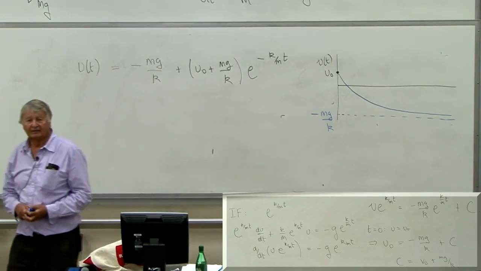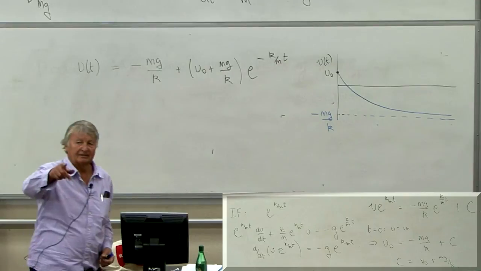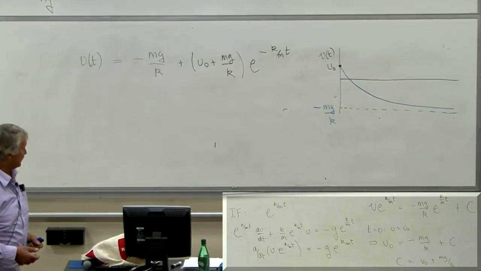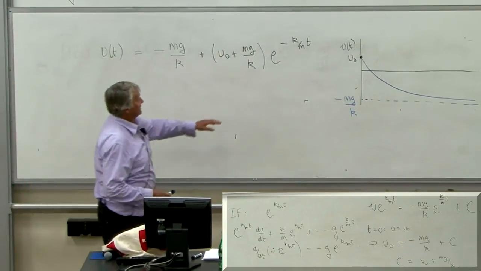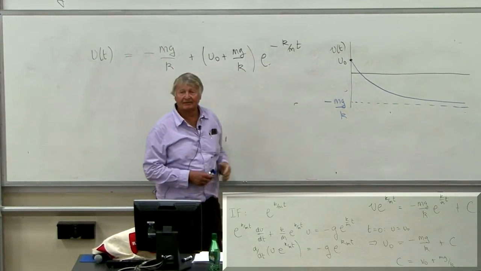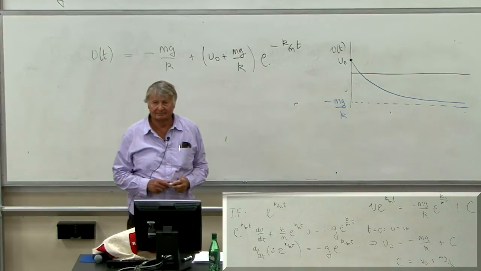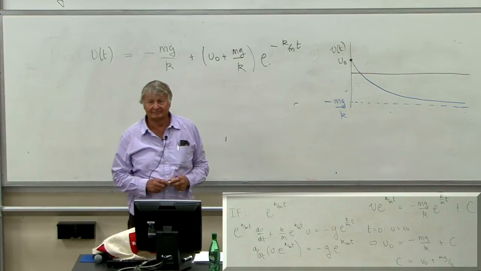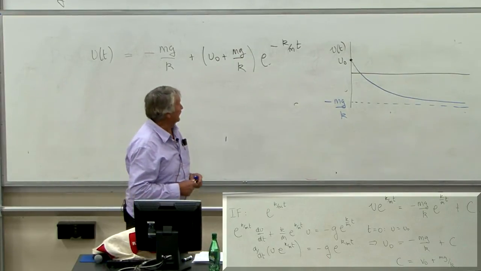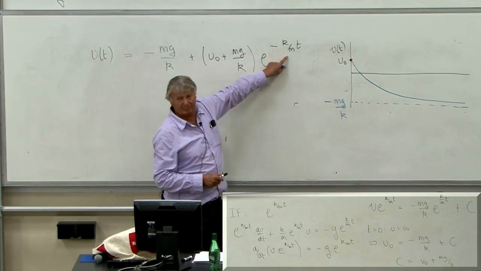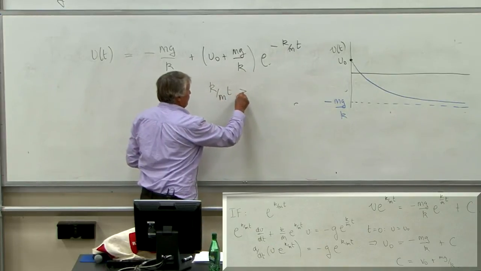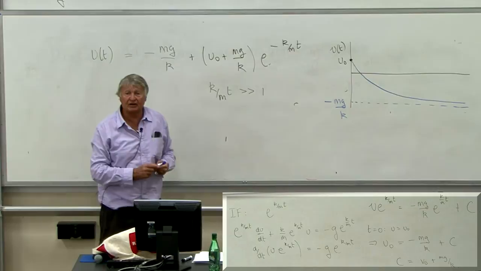Now, how long, roughly, does it take to get to terminal velocity? In other words, roughly, how big does t have to be? What we want is k over m t much greater than 1, that's the symbol for much greater than 1.